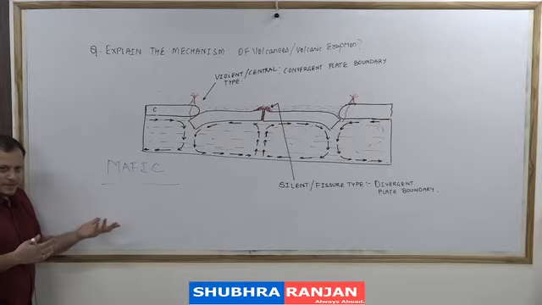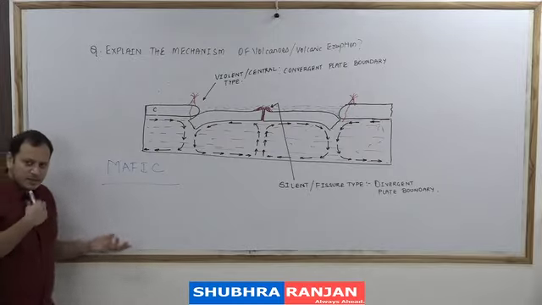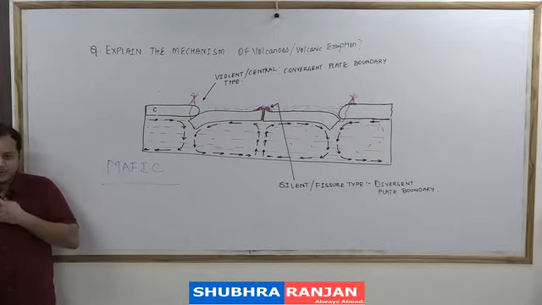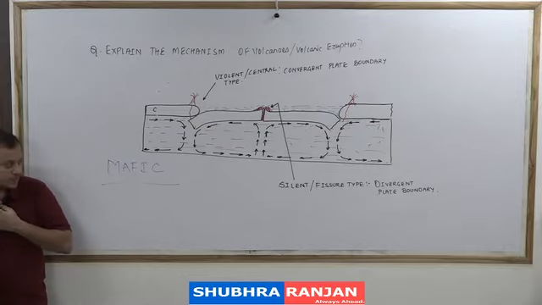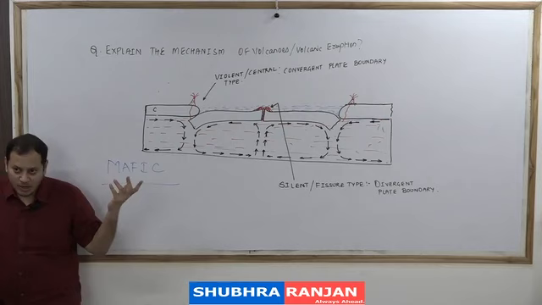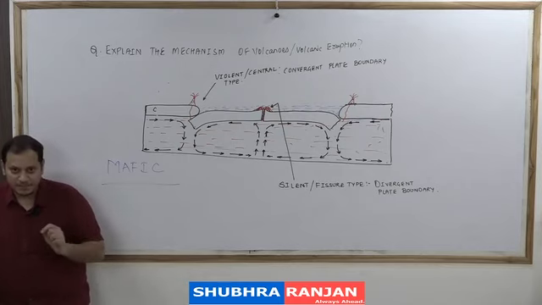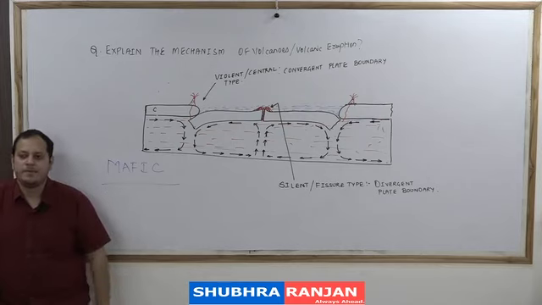Plateau भी बनाएगा this kind of magma we have seen yesterday. That is the Deccan lava plateau, Icelandic plateau. Iceland is also an example of a plateau, Siberian plateau. So all this is associated with the basic magma.